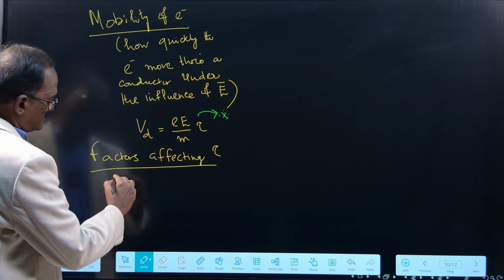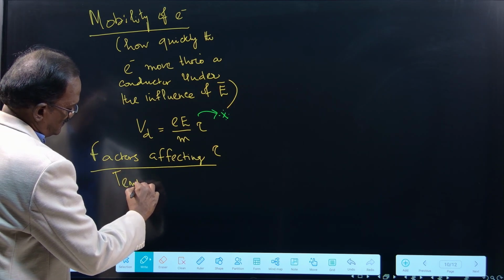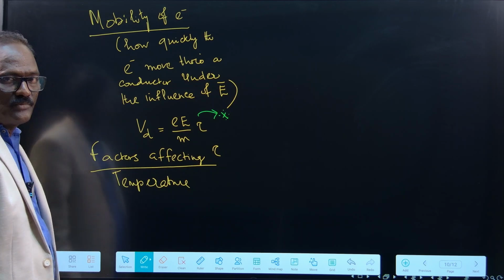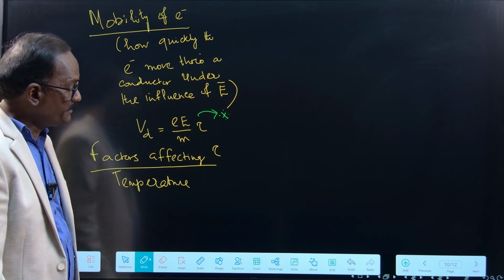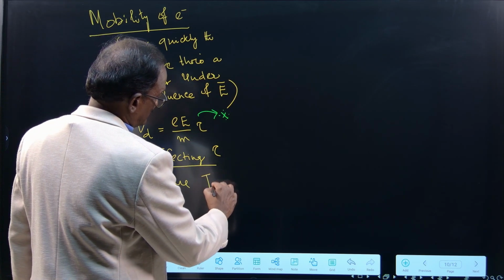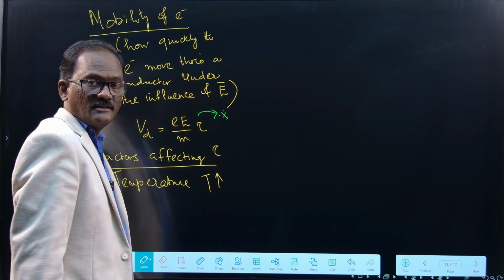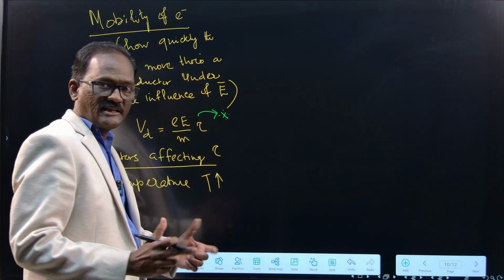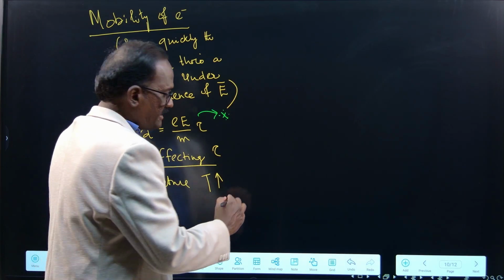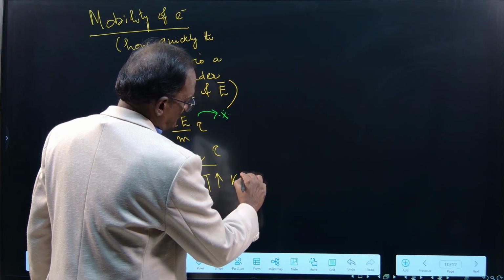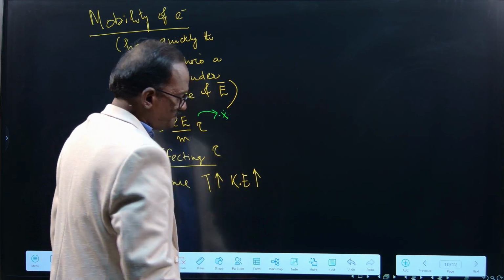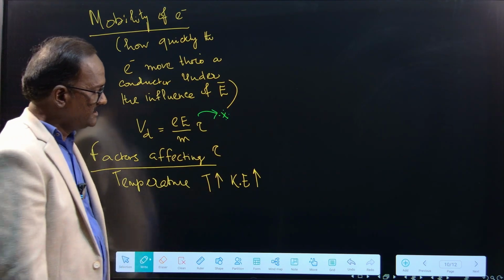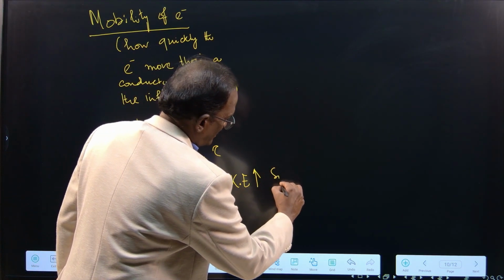Number one, temperature. This is the most important one. If temperature increases, thermal energy would increase, in turn kinetic energy would increase. If kinetic energy increases, the speed of electrons would increase.